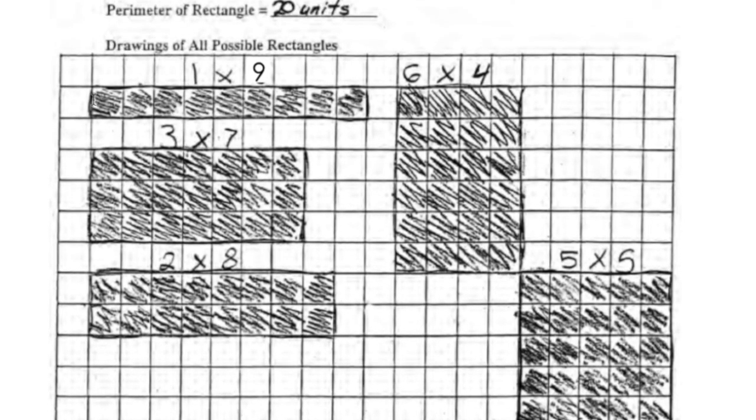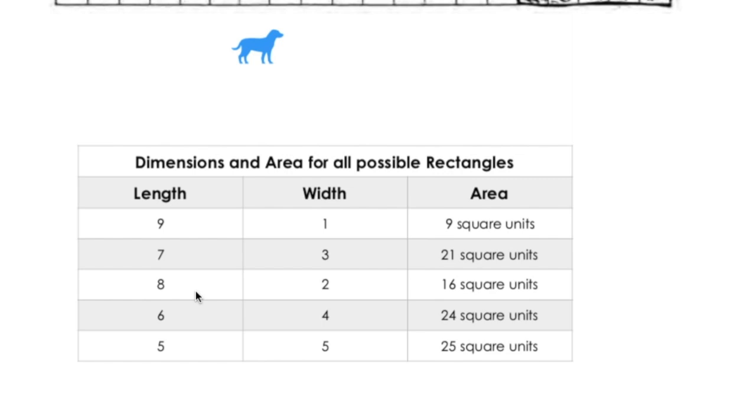I think my dog might enjoy running around in the 3 by 7 a little bit more. As you can see, 8 times 2 gives me 16, so not as great. 4 and 6 is 24, and just a little bit larger is my perimeter with a length of 5 and width of 5 gives me 25 square units.